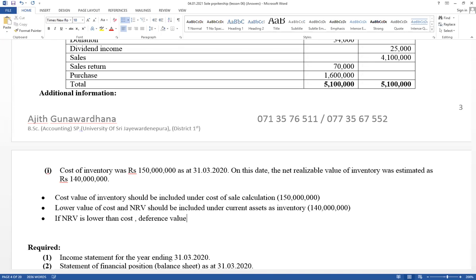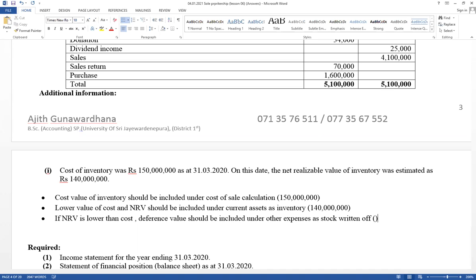Think about difference value. Difference value should be included under other expense. That is a theory. Under other expense, as a stock written off.